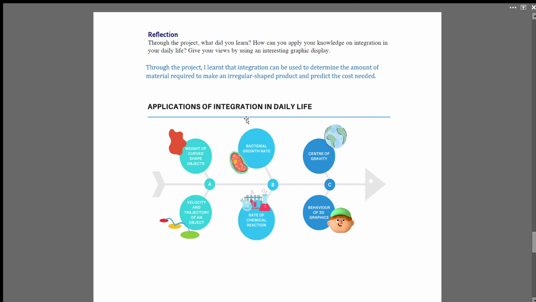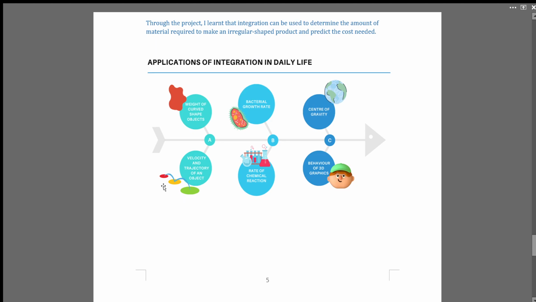Integration can also be used to find the weight of curve-shaped objects. In the biology field, it can be used to determine the bacterial growth rate, and in fields like physics, it can be used to determine the center of gravity of an object, and also the velocity and trajectory of an object, that is mainly the pathway traveled by an object.